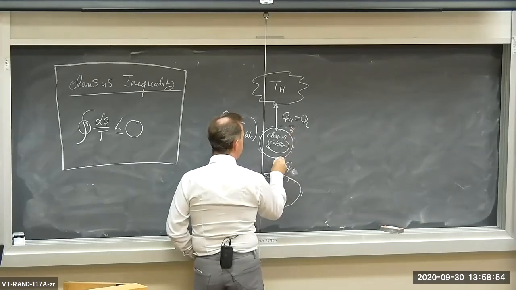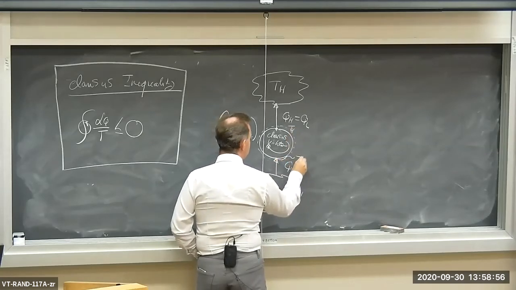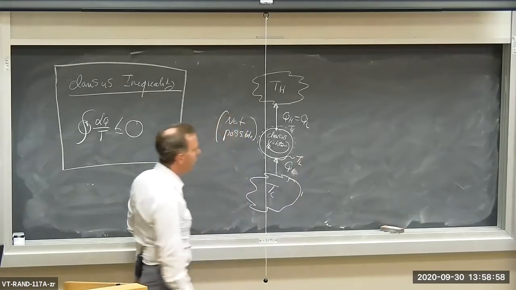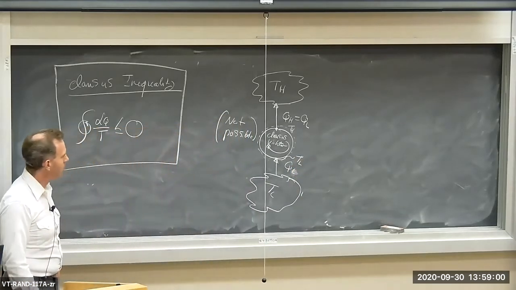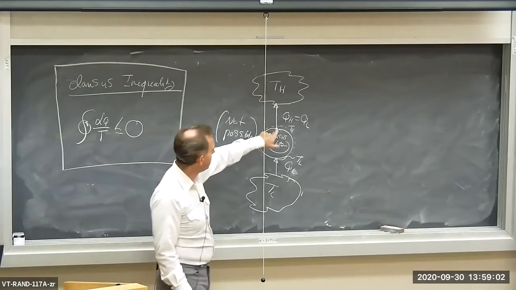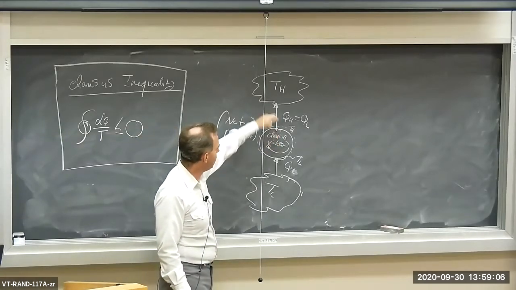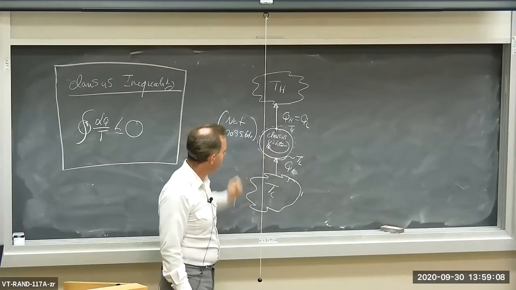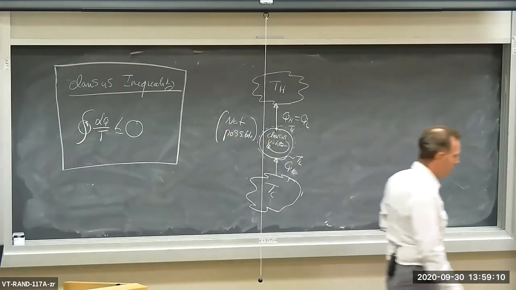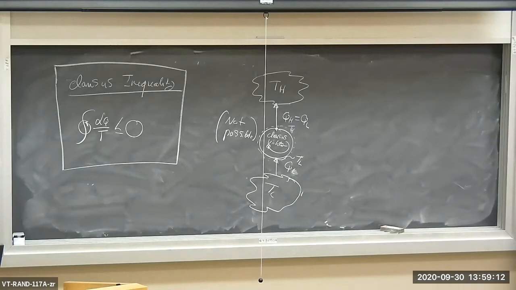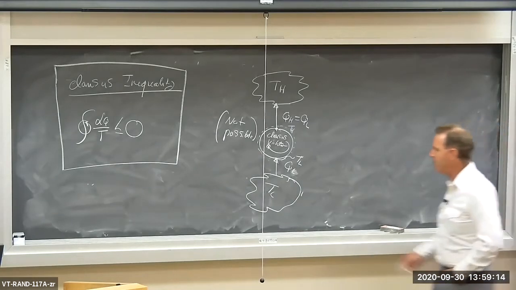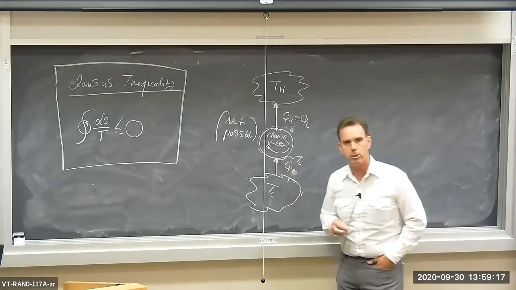And if I measure the temperature here, I'm going to get T low. So I'm going to put two thermometers here and measure the temperature. I find the temperature at the top of the Clausius violator where it rejects QH, that's TH, and the temperature at the bottom where QL is accepted from the low temperature reservoir. I measure the temperature right there, and that's TL, okay?